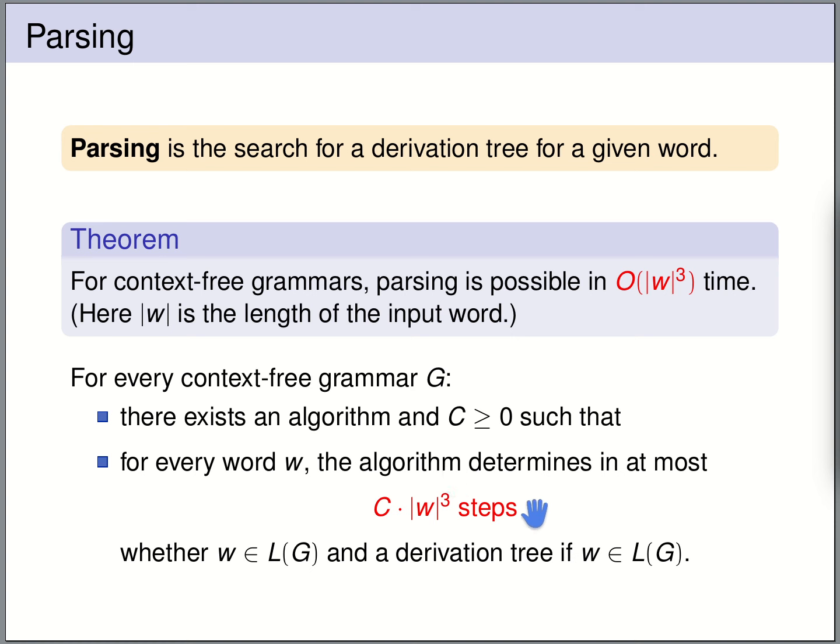So this is roughly a cubic number of steps with respect to the length of the input word multiplied by some constant. And in this number of steps, the algorithm determines whether the word is in the language generated by the grammar, and if so, it also determines a derivation tree for this word.